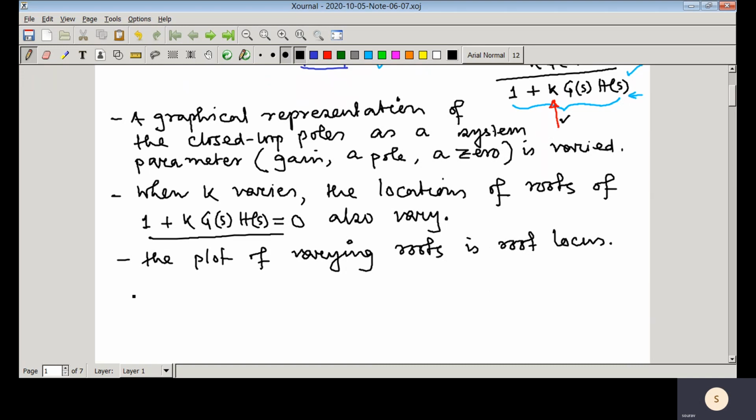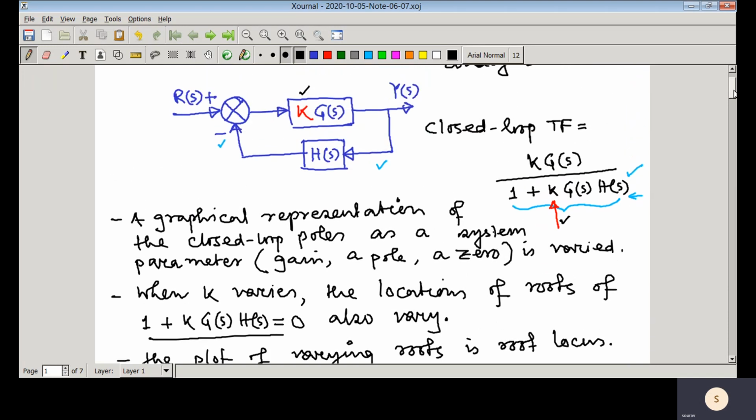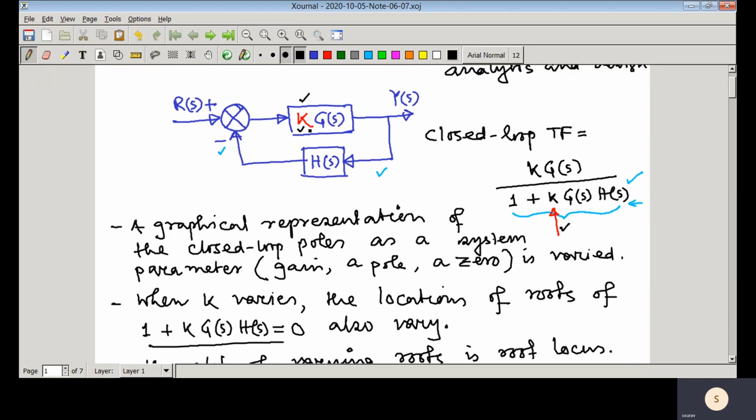Now K varying means K may be positive, K may be negative. If K is positive here, it is the negative feedback structure. When K is negative, varying from minus infinity to 0, if we put a negative sign here, it would be positive feedback, just to keep the same structure of the characteristic equation.